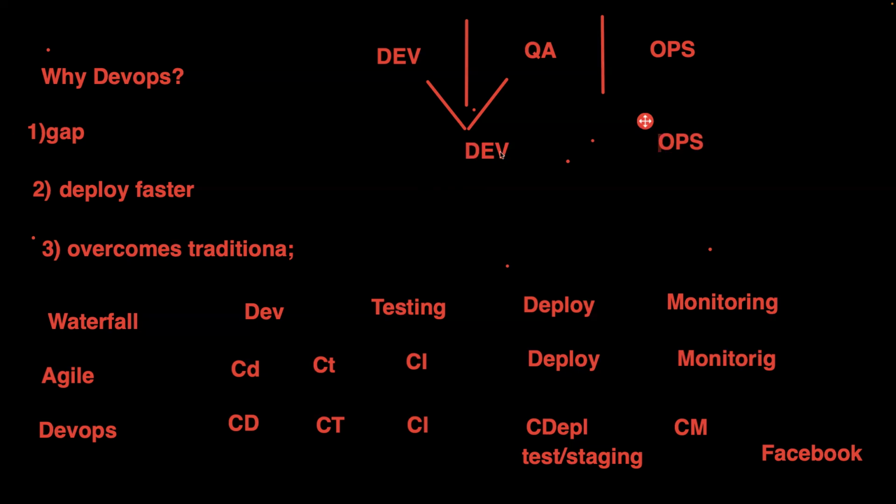But still the ops team is left in isolation in Agile. The ops team doesn't have any clue of what the dev team was doing. Similarly, the dev team doesn't have a clue of the ops team. But then DevOps came in, which brought these two together, and that is called DevOps. They brought these two teams together because there were some common areas of interest. Like I told you, the way of development changed. They were containerizing and handing over to ops teams. So there was some common skill set.